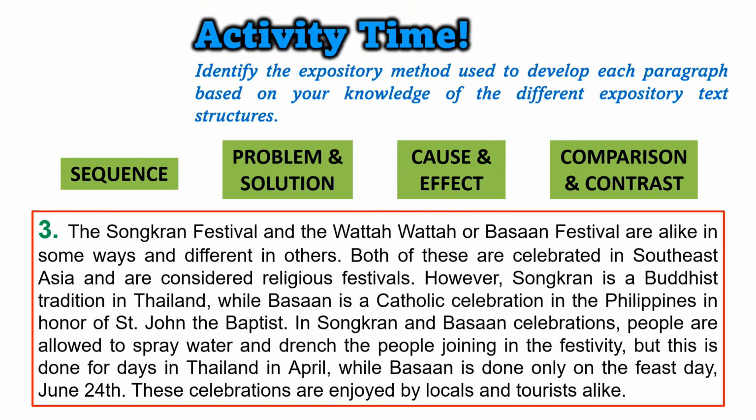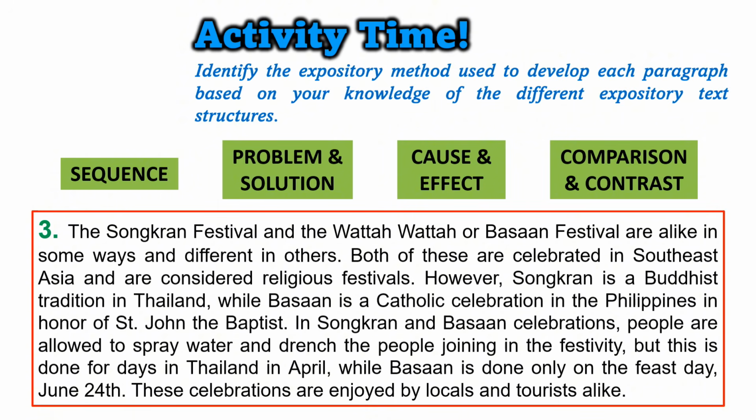Number 3. The Songkran Festival and the Wata-Wata or Basaan Festival are alike in some ways and different in others. Both of these are celebrated in Southeast Asia and are considered religious festivals. However, Songkran is a Buddhist tradition in Thailand, while Basaan is a Catholic celebration in the Philippines in honor of Saint John the Baptist.